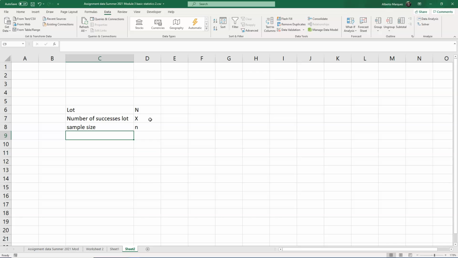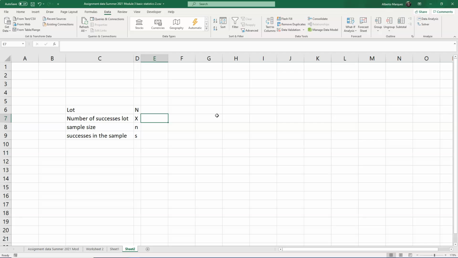So the successes in the sample, we're going to know with small x. Well, since we're using a spreadsheet, I'm going to just use S, small s, to make a clear distinction, maybe because of the font, between the successes of the lot and the successes of the sample.